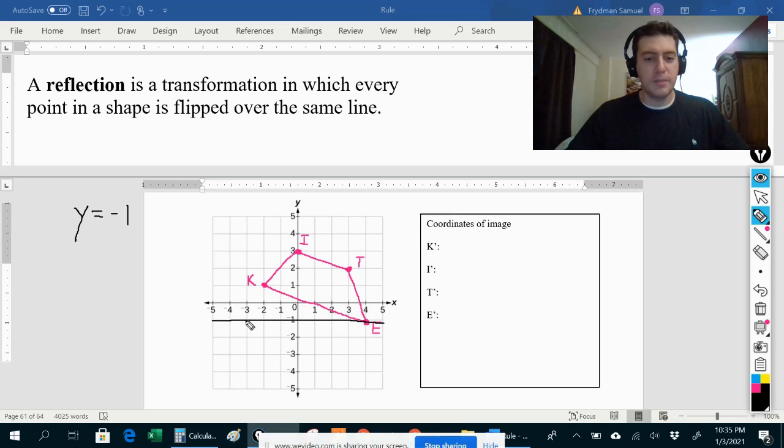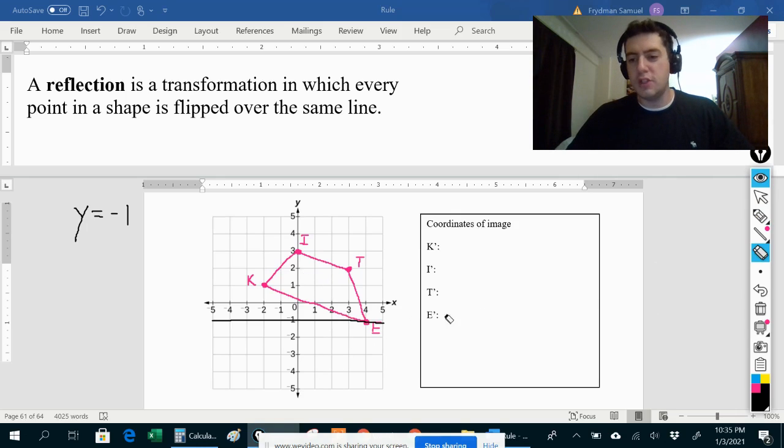Okay, so for example, this is the point -3, -1, right? This is the point 2, -1. So no matter what the x coordinate is, the y coordinate is always -1 along this line. So this is the line y equals -1. And what we're going to do is reflect this trapezoid over this line.